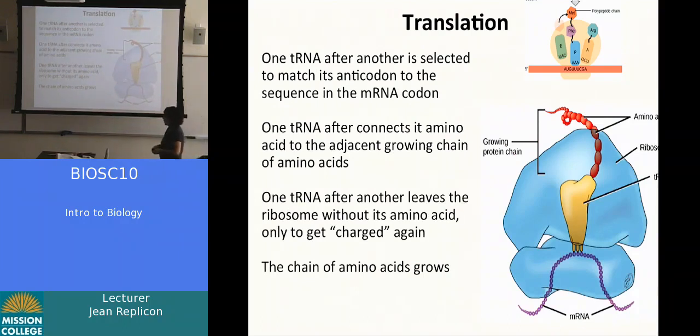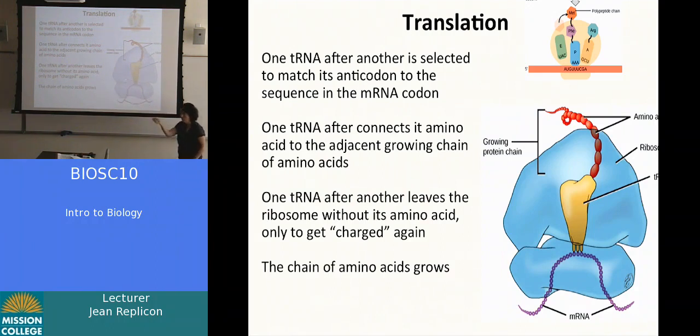So one tRNA after another is going to come into the very limited area within the ribosome. The tRNA that will stick and stay is the one that has an anticodon complementary to this codon. It will bring an amino acid and attach it, and then after it's attached it can leave.